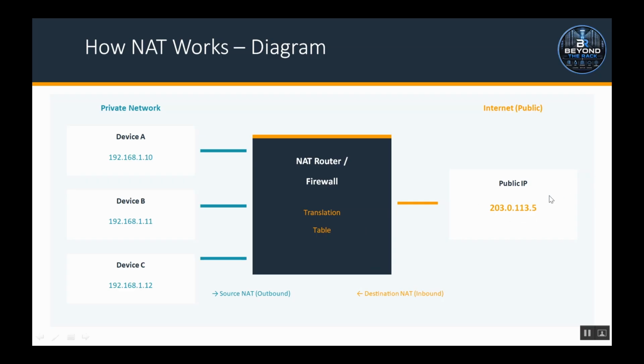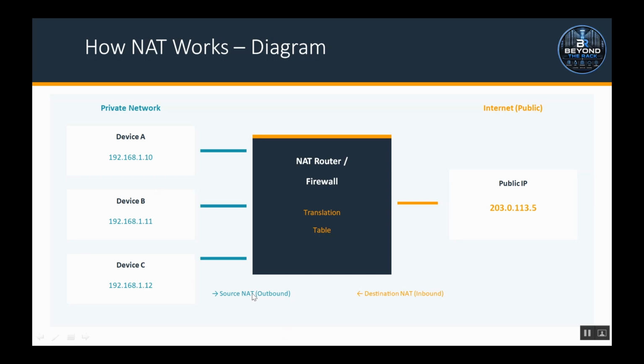From the external side we see this IP address, not the internal one. Device B uses the same public IP address; the source IP address is changed, but the public IP address remains the same. Device C, 192.168.1.12, is also translated by the router or firewall and communicates through 203.0.113.5, the public IP address for the entire private network.